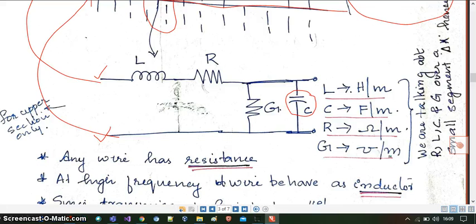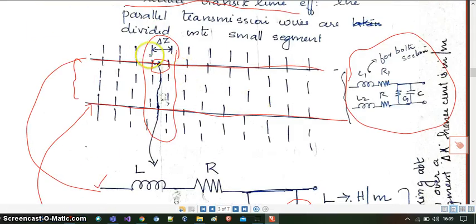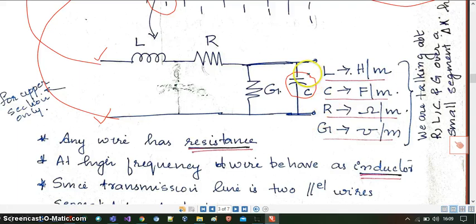Till now, what you have studied is that the unit of inductance is Henry, capacitance is farad, resistance is ohm, and so on, right? But here it is per meter. Why so? Because here we are measuring the inductance, capacitance, resistance and conductance with respect to a small region whose length is del Z. That is why the unit is Henry per meter, farad per meter, ohm per meter and mho per meter.